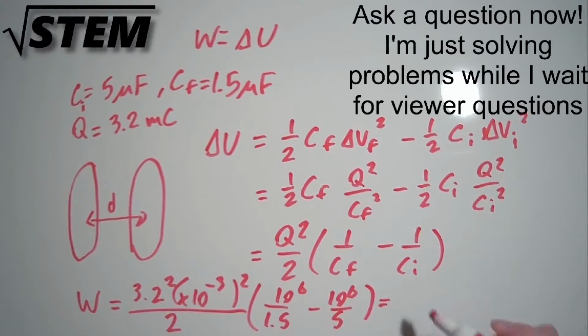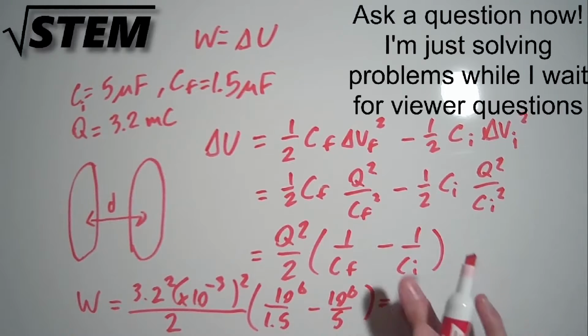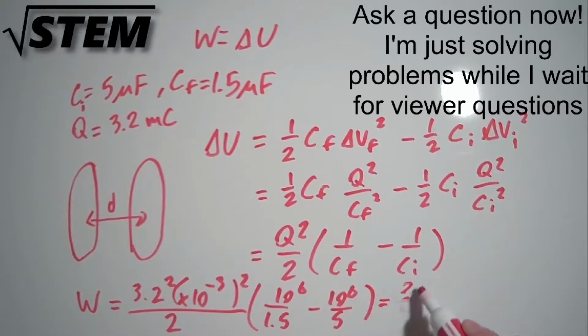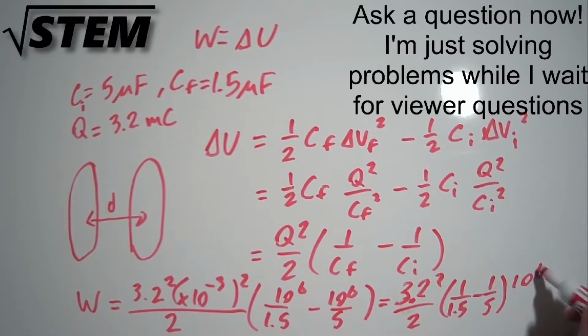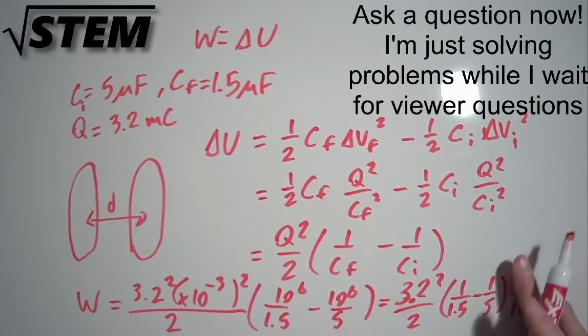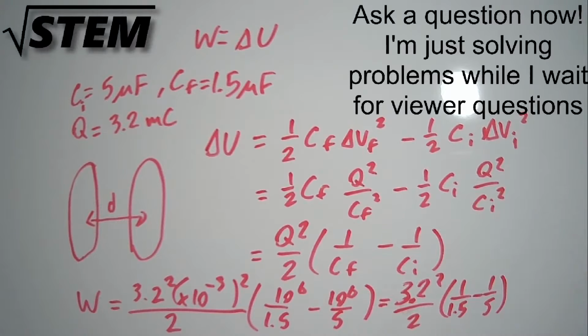So we get 3.2 squared over 2 times 1 over 1.5 minus 1/5. Bring out the 10 to the 6th. 10 to the minus 3 squared is a 10 to the minus 6. So actually all those scientific notation bits are going to cancel out.